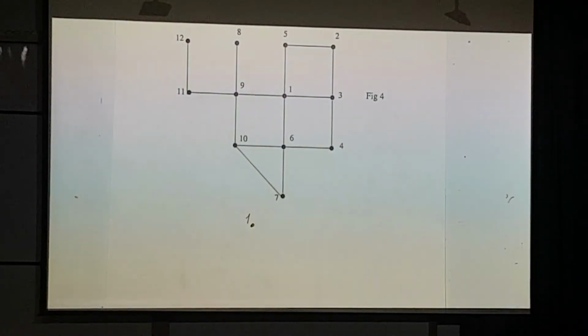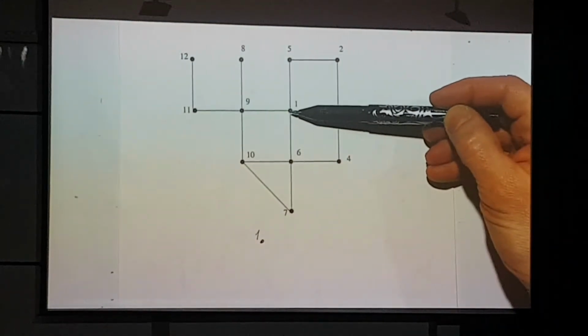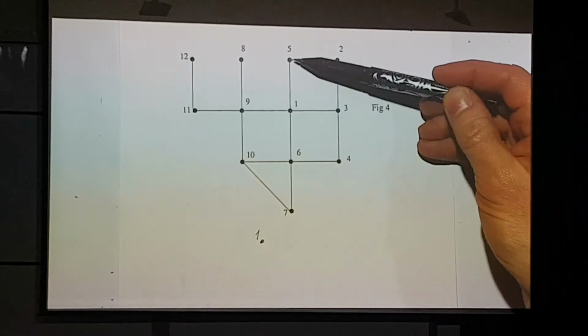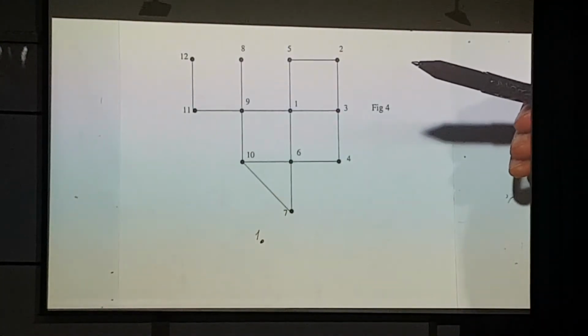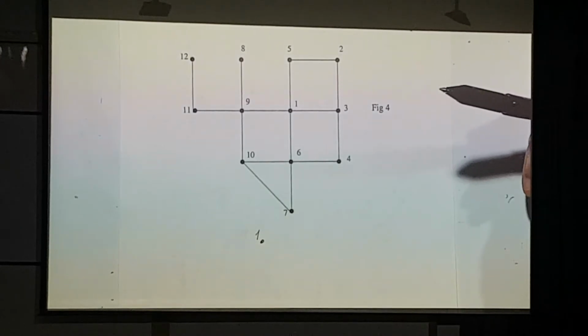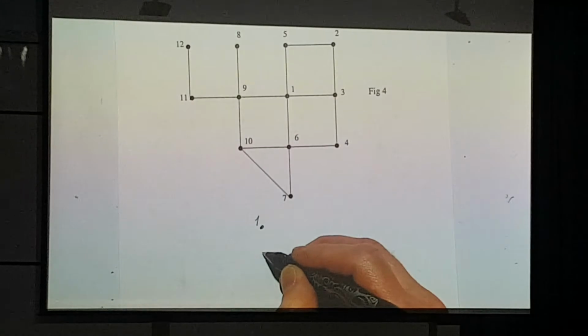I continue with this strategy of building long paths, and if not possible, backtracking and building more long paths, until each vertex of this graph is in my tree. If I'm at 1, I can add vertex 5, 3, 6, or 9. So I have 4 possible choices for the first edge, and I'll go for 3 because that has the smallest label.